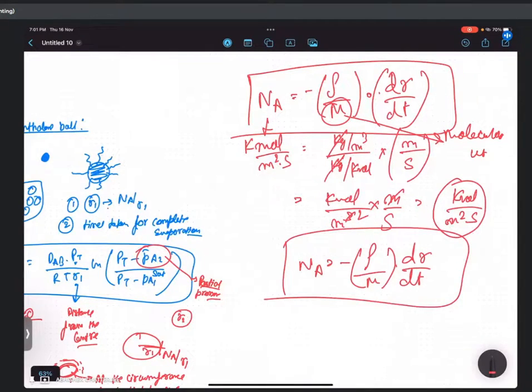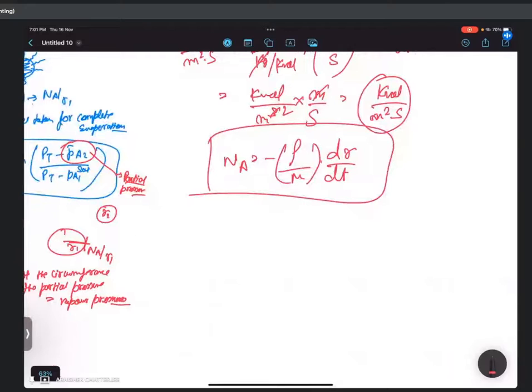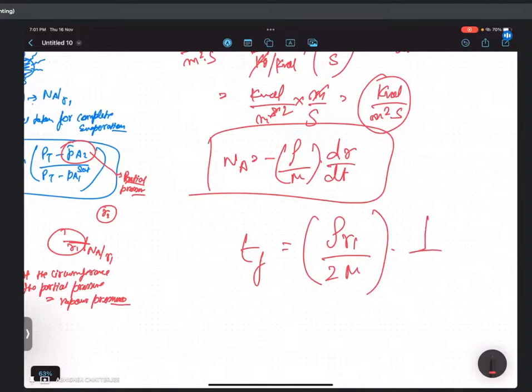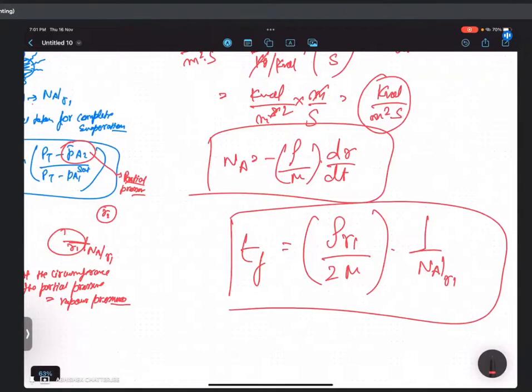Clear. With this we start our derivations, and from here we get our final formula: Tf equals rho R1 divided by 2m into 1 by Na at R1. This Tf is the final time, or the total time taken for complete evaporation.